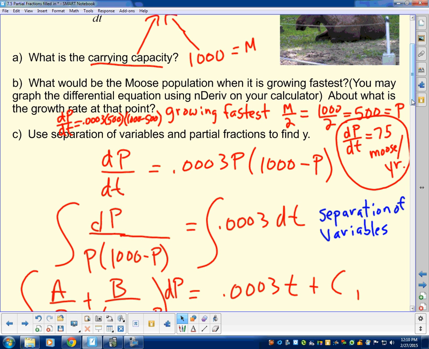So I'm going to move the p times 1,000 minus p down below the dp, and I'm going to move the dt up with the constant k. So that's the separation of variables step. So write that down.